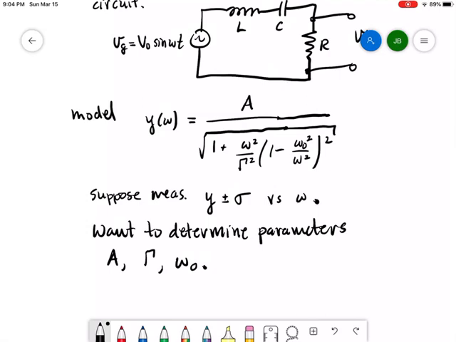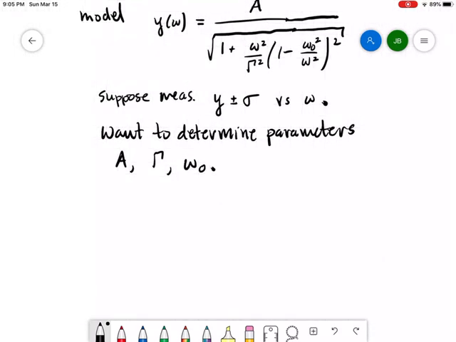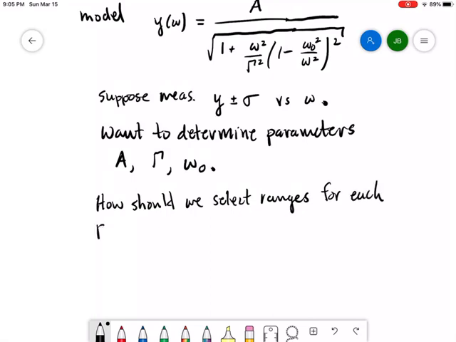So we could imagine doing something like that, but we couldn't even draw the picture, because we'd need 3 axes for our parameters and then a 4th axis for chi-squared. So the question is, how should we select the ranges for each parameter?